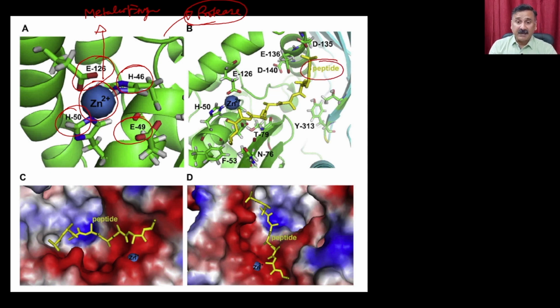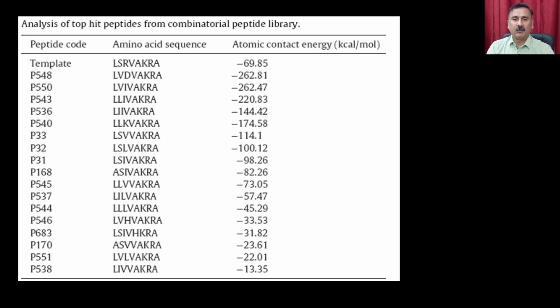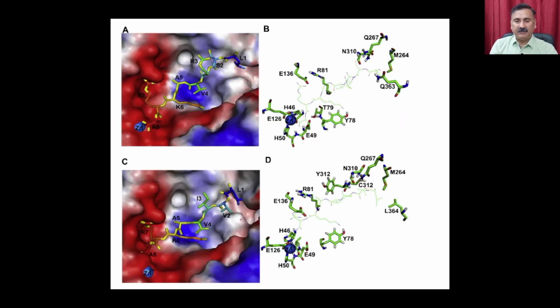Considering this peptide sequence, starting from a very crude sequence, we identified a refined sequence which fits into it. We did the substitutions, and we found that these amino acid sequences fit into the active site very nicely. These are the final peptides which fit into the active site and can be cleaved.